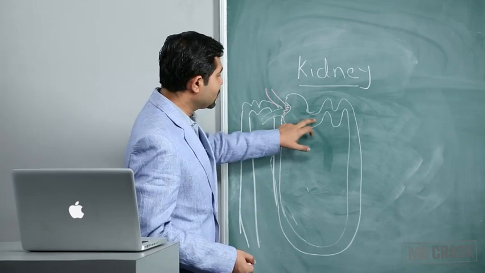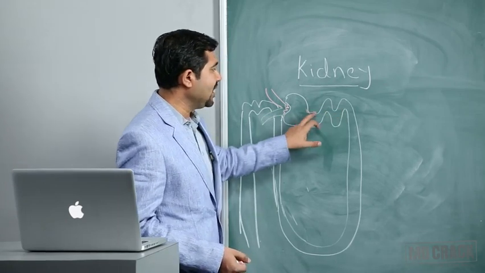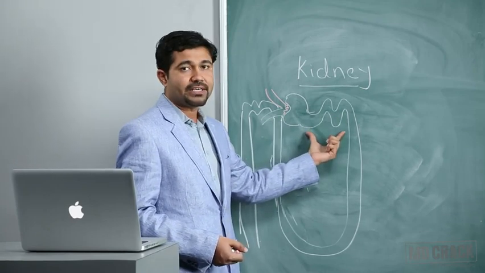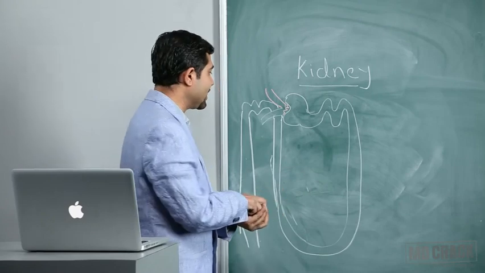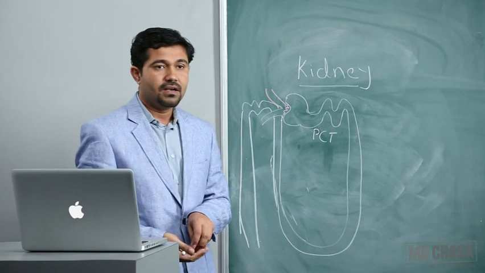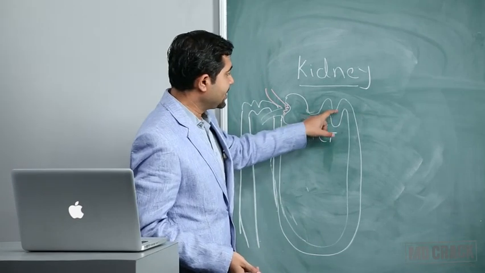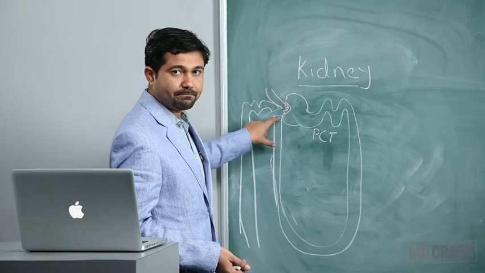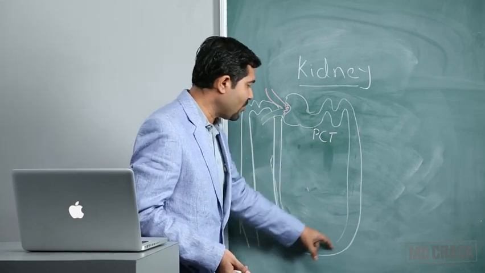The filtrate will go to the proximal convoluted tubule. Can you see the convolutions here? This is called the proximal convoluted tubule, or in short the PCT. Next the filtrate will pass to the loop of Henle.